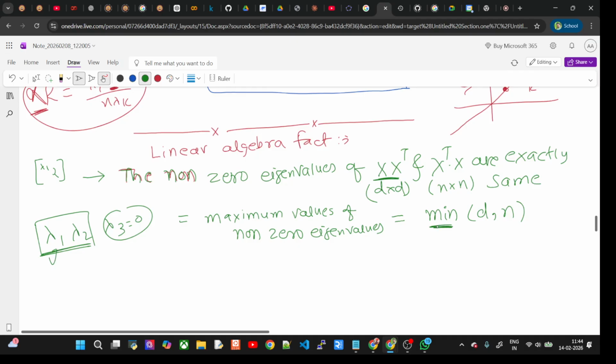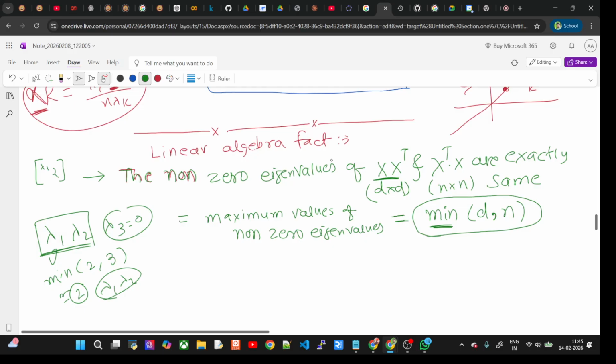So how many maximum eigenvalues can I take? The minimum of d comma n. In the earlier example it was the minimum of 2 comma n, so we got 2, and lambda 1 and lambda 2 are the eigenvalues for that equation.